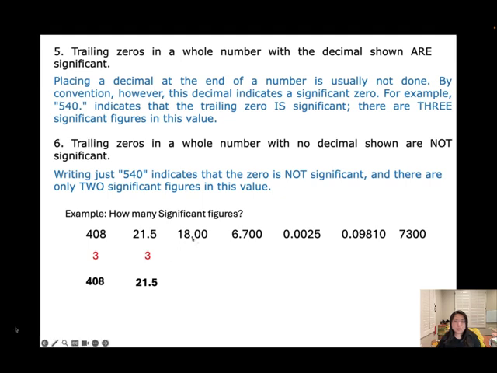Then 18.00, the zeros are after the decimal point, so we have four significant figures. Same idea for 6.700, four significant figures. And then 0.0025, we have leading zeros, right? So we only have two significant figures.